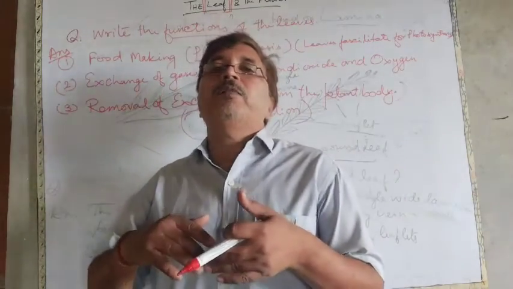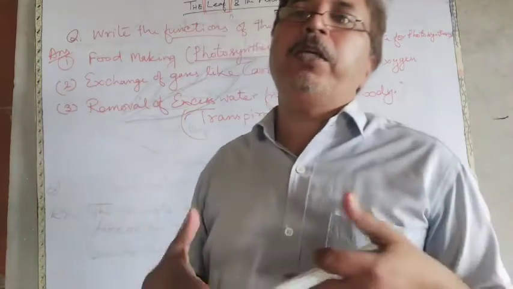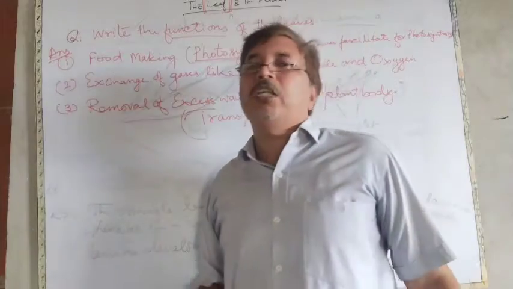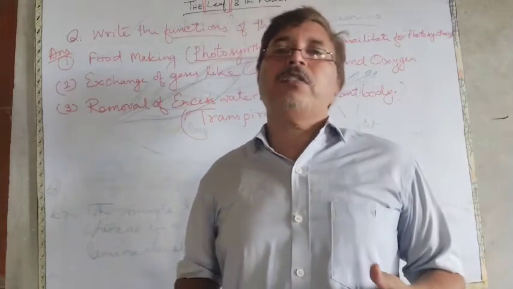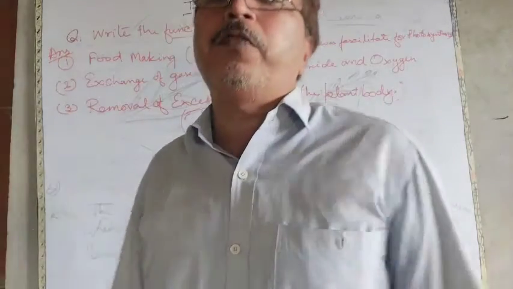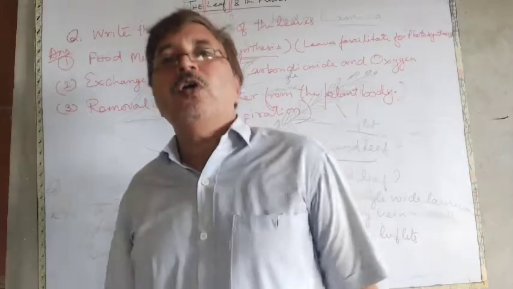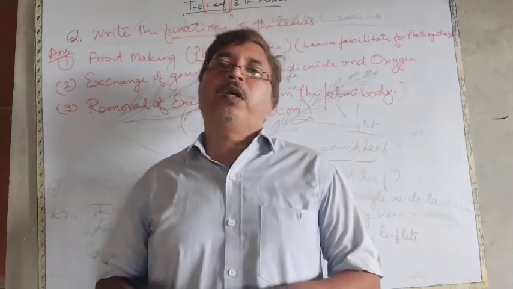Modified means a little bit changed function that has added to your features or ability. Similarly, these leaves sometimes perform additional functions, and these are known as modified functions. So in the next video we will talk about the modified functions of the leaf, right?